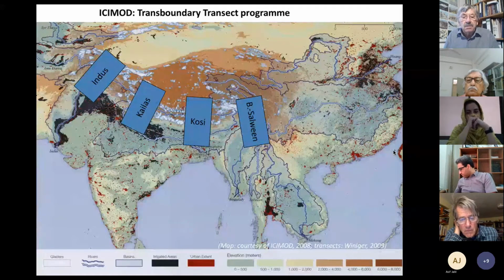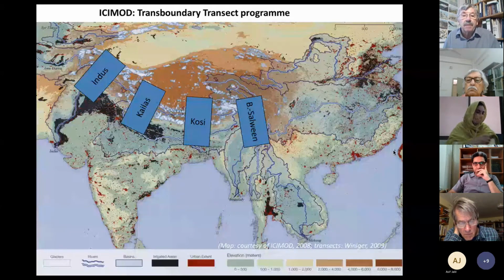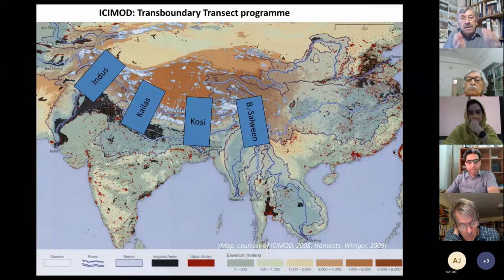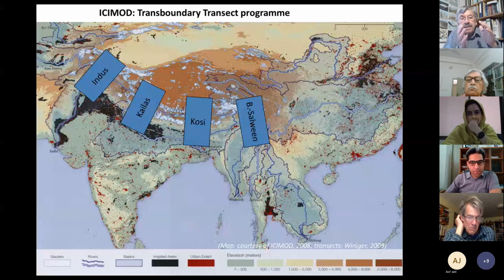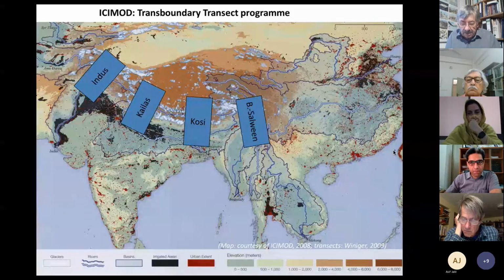They proposed, it's some time ago now, we should learn in order to compare the different areas in so-called transboundary transect programs. Indus, Kailash, Kosi, Brahmaputra, Salween, where we focus and coordinate scientific approaches in order to understand what we just have discussed before.